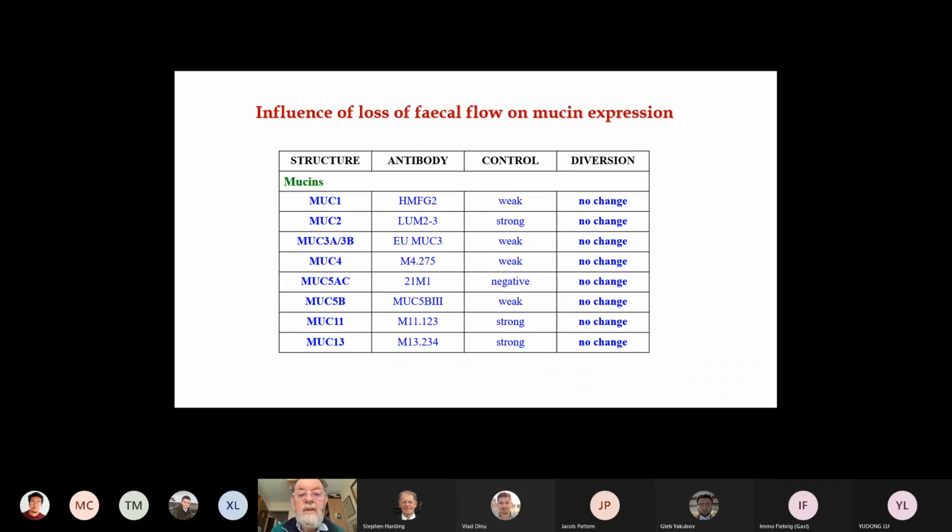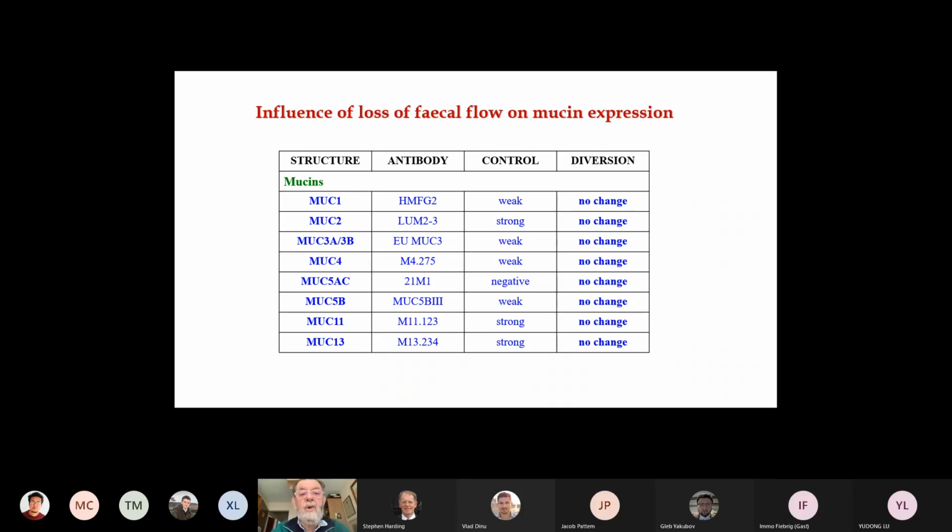here we can see if we look at the mucin peptide structures using, again, a series of different antibodies, where the controls are as normal, and in the diversion there is no change at all. So the result here suggests that there is a genetic effect.